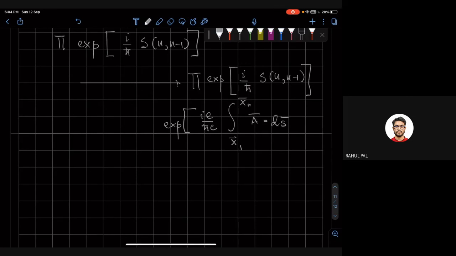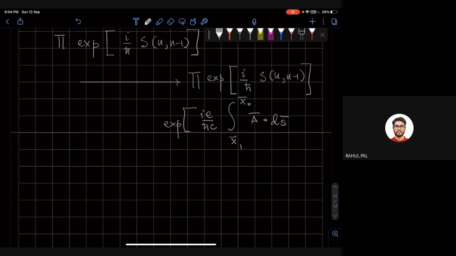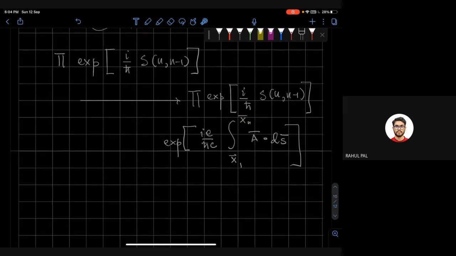Now there's something very interesting here: you would think that this second factor, the integral in the second factor, will depend on the path connecting these two points. But it turns out it doesn't. And therefore, we can take this second factor out of this product.